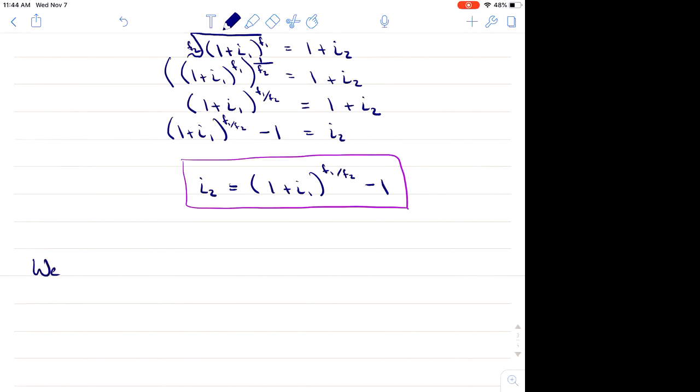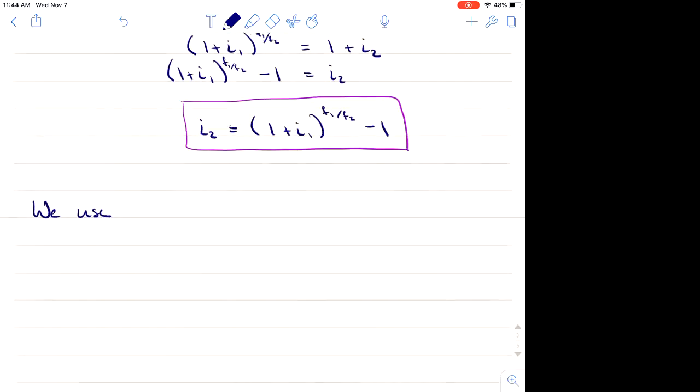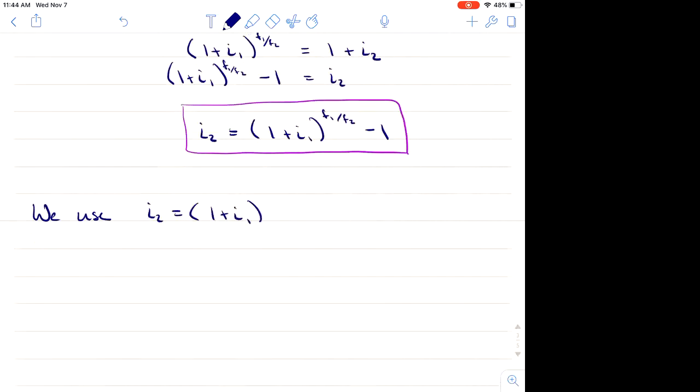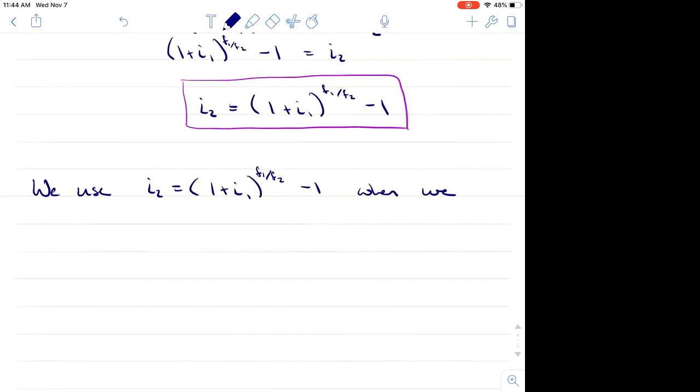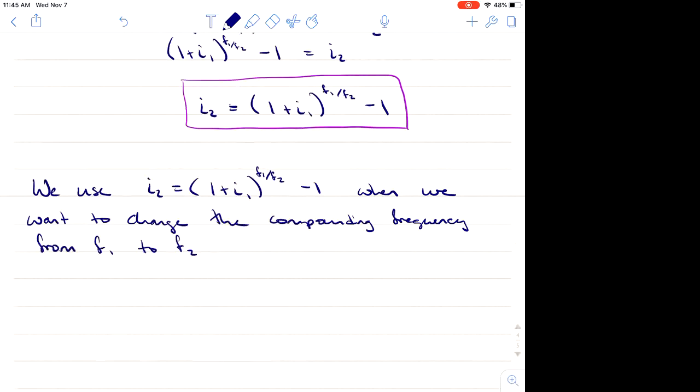So we use I2 is 1 plus I subscript 1 to the power of F1 over F2 minus 1 when we want to change the compounding frequency from F1 to F2.